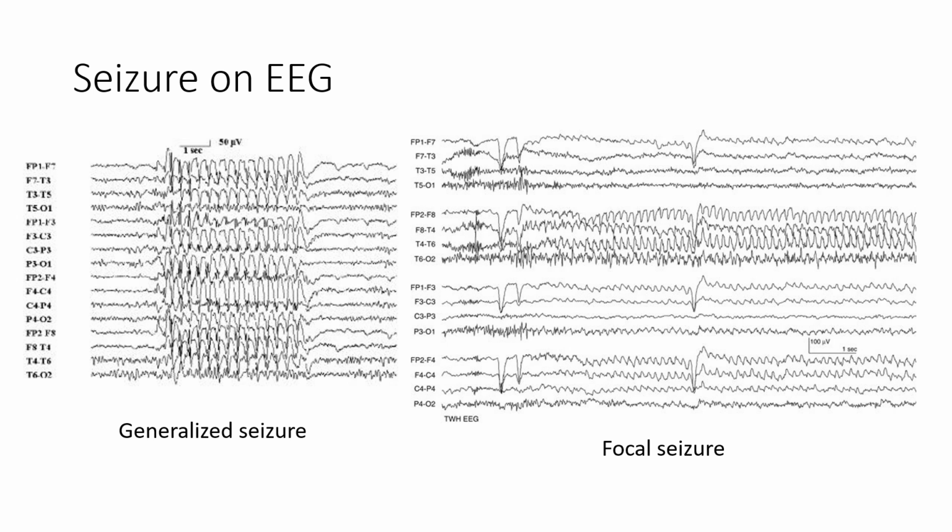Again, this is only happening on the right. It's primarily happening in the anterior parts. You can see it a little bit in the bottom right-hand leads as well. But this would be an example of a focal seizure happening in only one half of the brain.